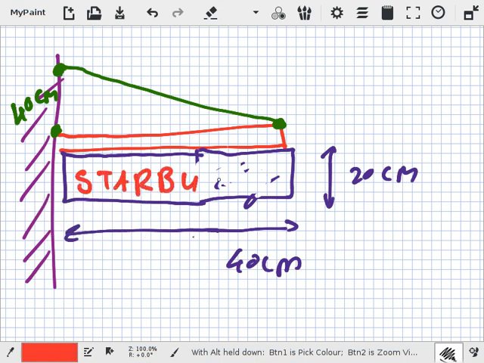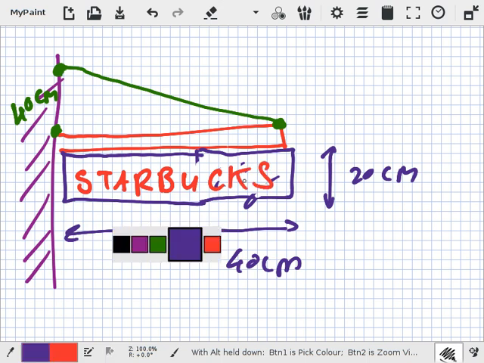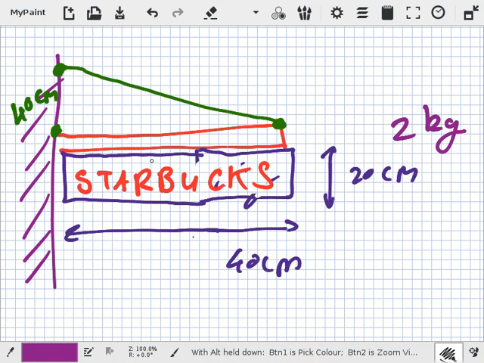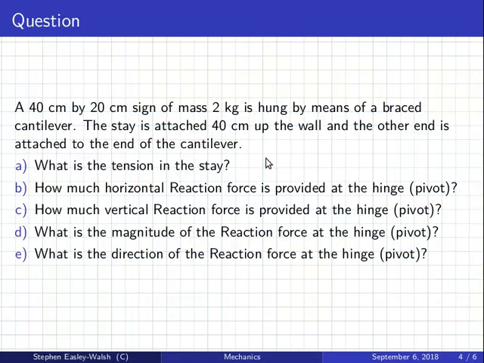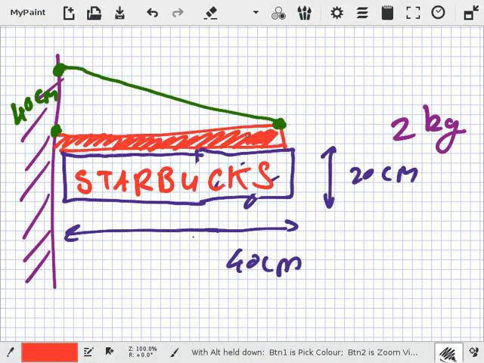Make it Starbucks. Okay, and it's 2 kilograms, and there's the beam. Okay, and do I have any other info? No, that's everything. Okay, so this is the picture.